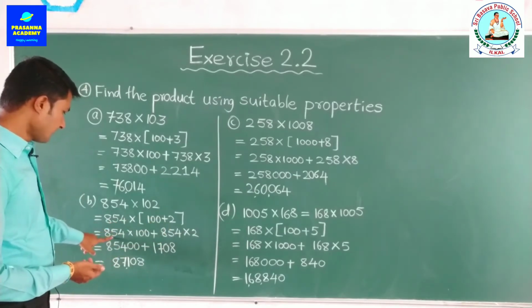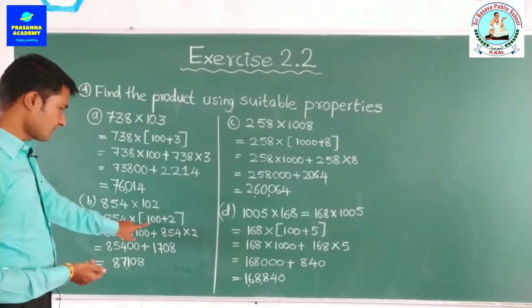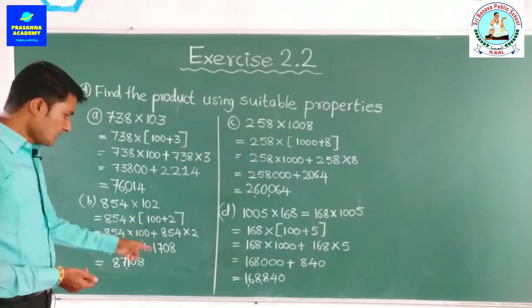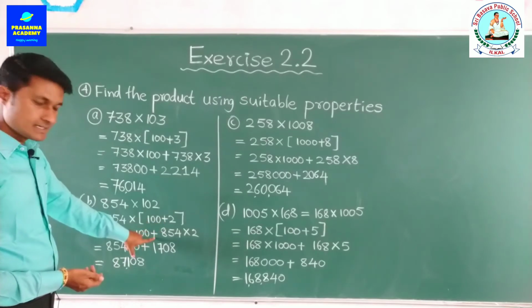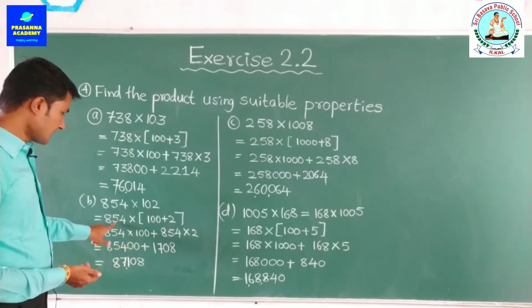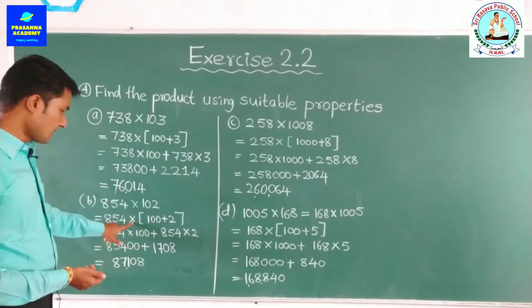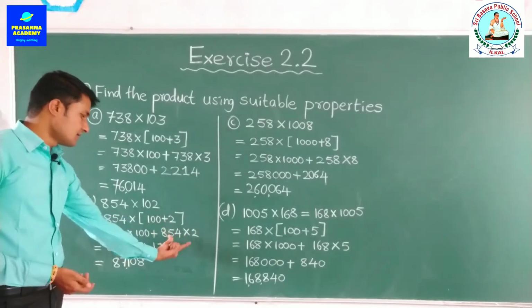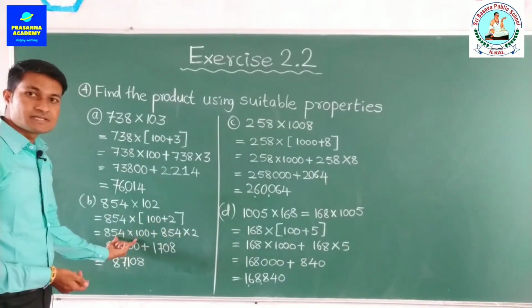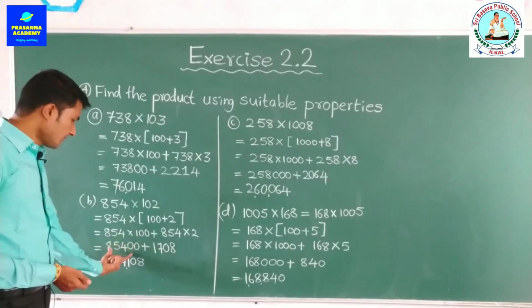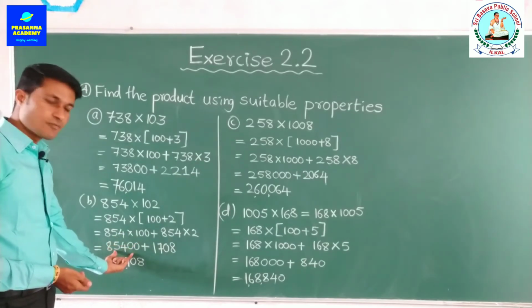So how are you going to multiply? It is 854 times 100, that you have to write here, and since there is an addition sign, write that addition sign, and take the same number, 854, and multiply by this 2. When you multiply using smart multiplication, you will get the product as 85,400.